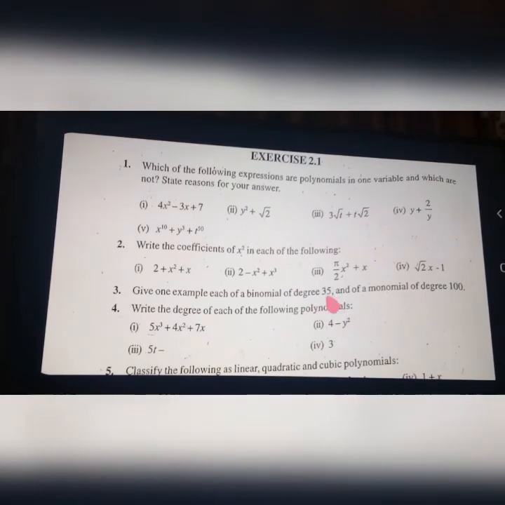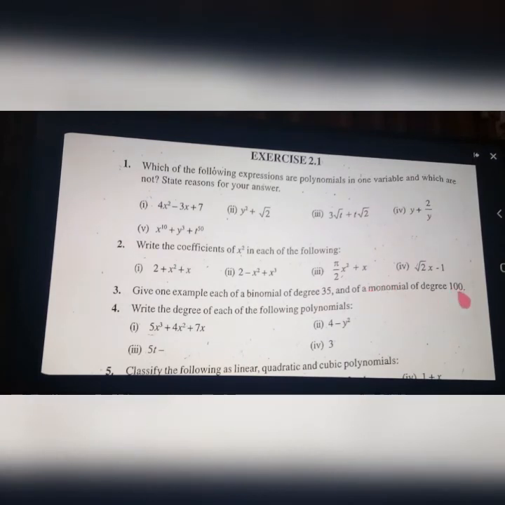So the highest index should be 35. How can we write it? Say 7x raised to 35 plus 10. Degree 35 came now. How many terms came? Two terms came.